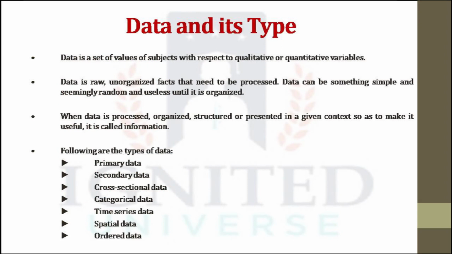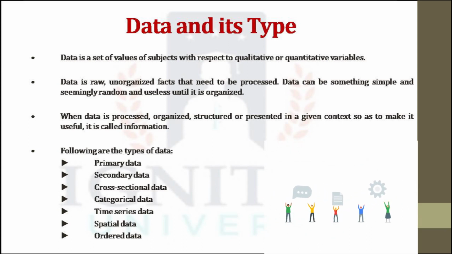Data is a set of values of subjects with respect to qualitative or quantitative variables. Data is raw, unorganized facts that need to be processed. Data can be something simple and seemingly random and useless until it is organized.